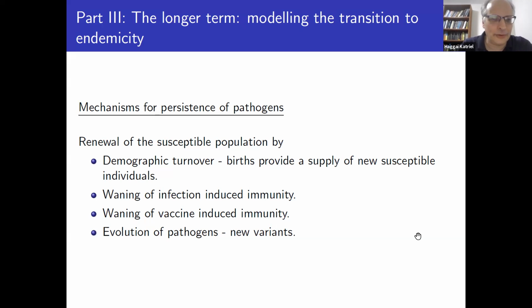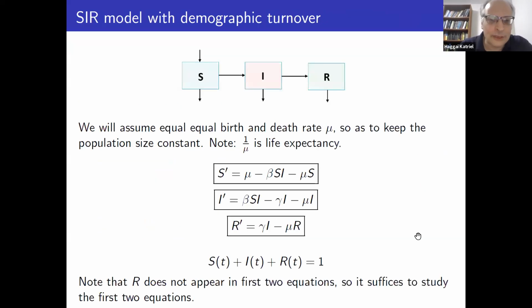And this is either births or the waning of infection-induced immunity, and/or evolution of new pathogens. But even if we just add birth to our model, let's say immunity is forever. Whoever gets sick doesn't get sick again.